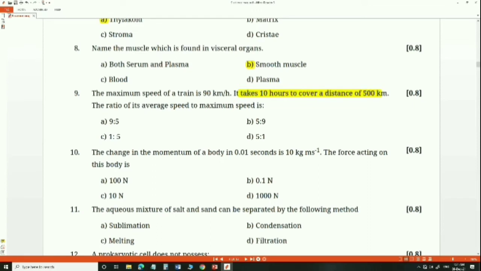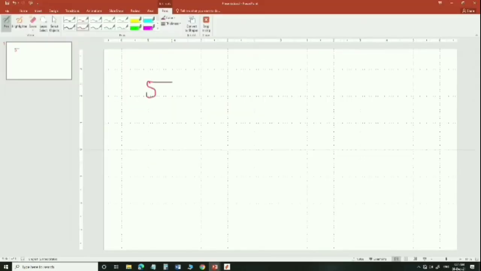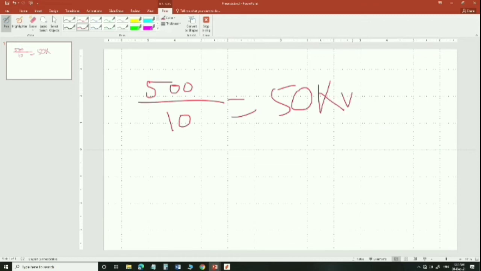Solve: 500 km by 10 hours taken is equal to 50 km per hour, which is the average speed.